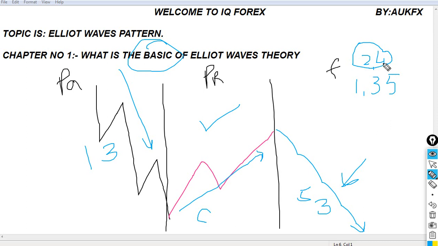Waves 2 and 4 are corrective, and 1, 3, 5 are found in impulsive waves, right?